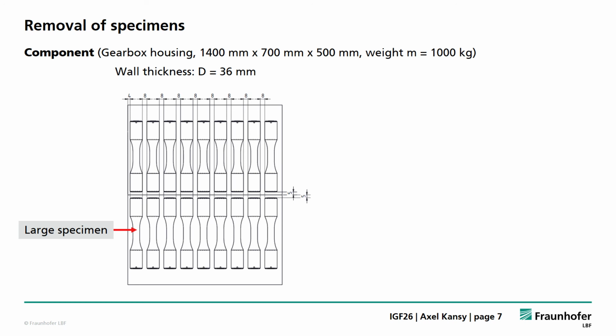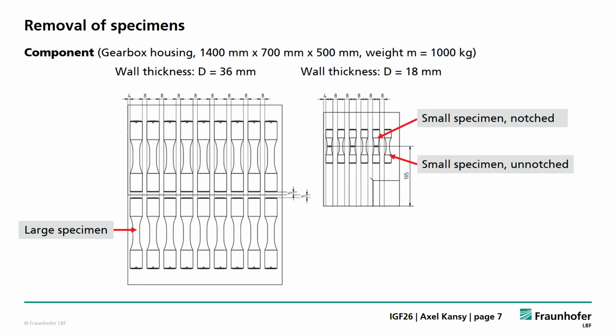The large specimens were removed from an area with a wall thickness of 36 millimeters. The small specimens were removed from areas with a wall thickness of 18 millimeters. The difference of the wall thicknesses has no significant influence on the microstructure and no significant influence on the properties.